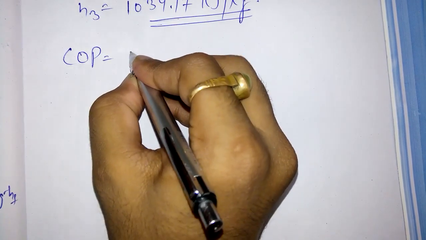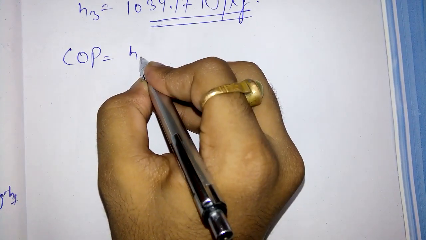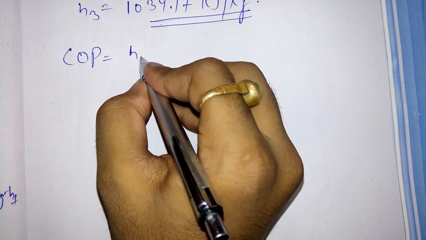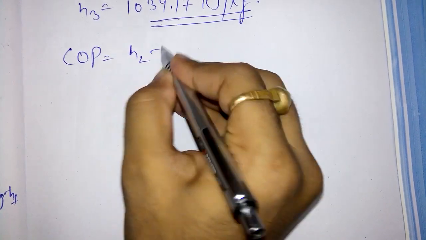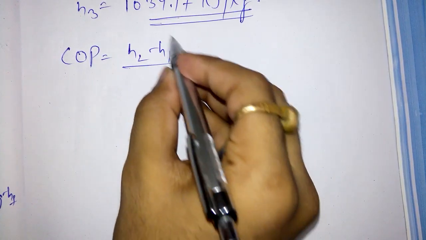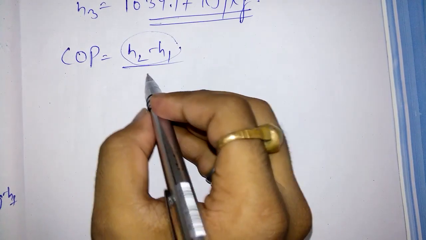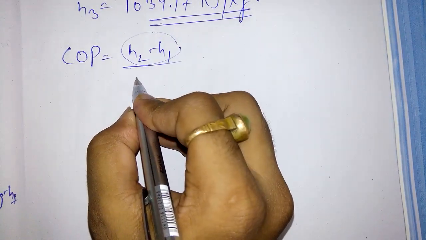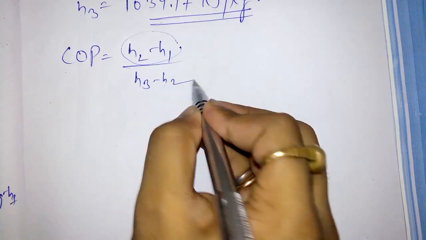COP is the desired effect, that is H2 minus H1, your refrigeration effect, divided by work input, which is H3 minus H2.